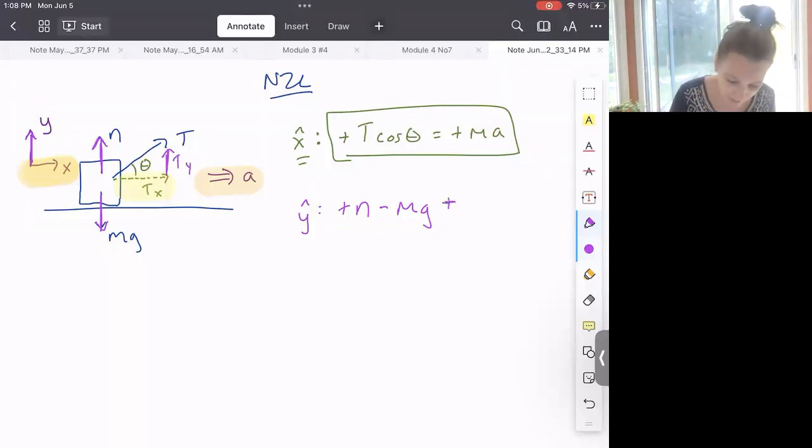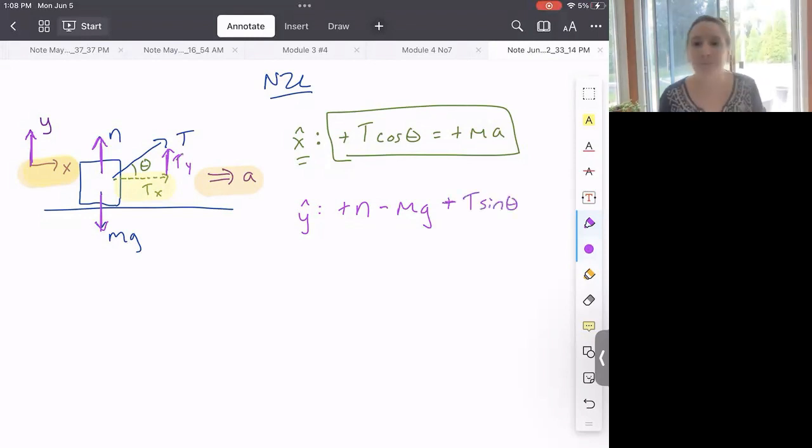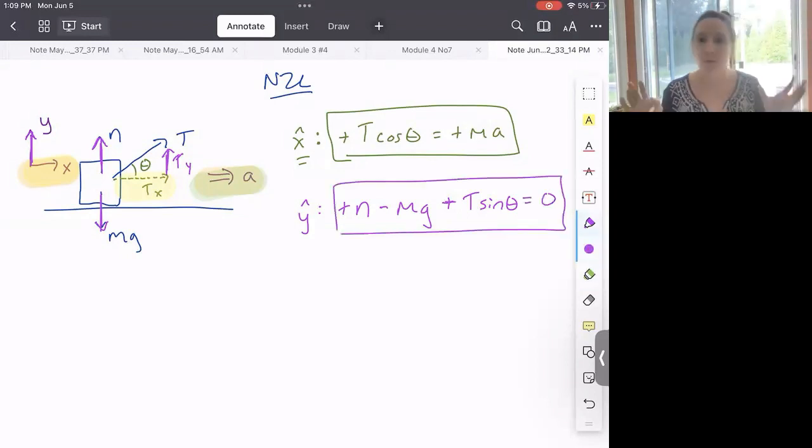So it's going to be positive Ty, which is T sine theta. So I have my normal force, mg, and the component of the tension force that I've had to sum up. And now I'm going to set it equal to plus ma, minus ma, or 0. And this all, again, depends on my diagram. We can see that my acceleration is not in the Y direction. This is when I choose 0. So this is when I say equals 0. And that would give me my 2 equations, one in X, one in Y, that I could work with.